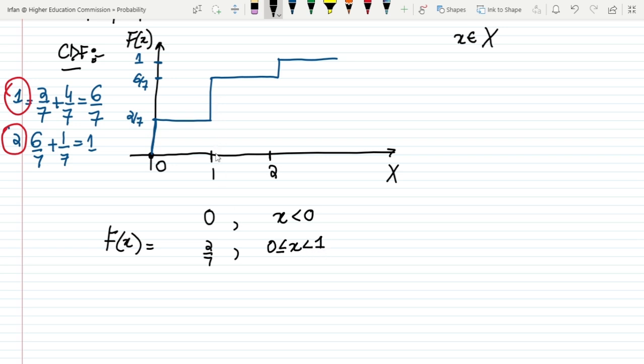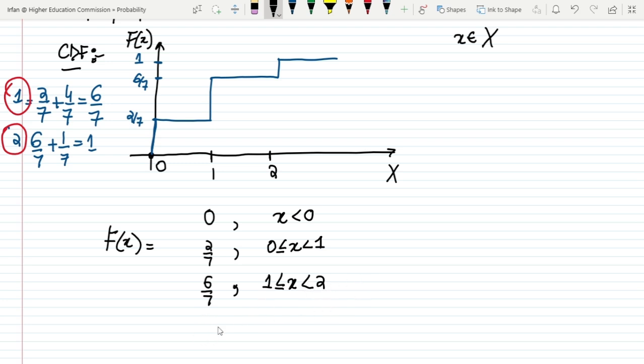At instant 1 it will jump, and it will become 6 by 7, so here it will remain 2 by 7, and then it will jump to 6 by 7. Here at 6 by 7, x is greater than or equal to 1 but less than 2.